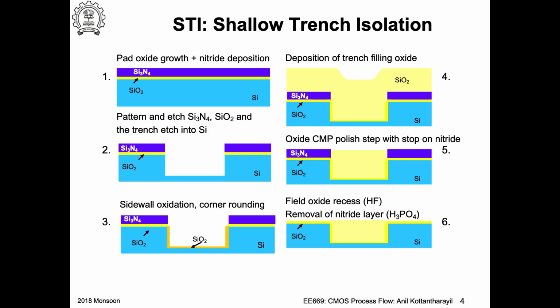Essentially, you are doing some mechanical polishing so that you can remove this, but you also add some chemical component in the etching so that you can actually get some selectivity between the silicon dioxide and silicon nitride. So you want to actually fill this trench with silicon dioxide but remove it from elsewhere.